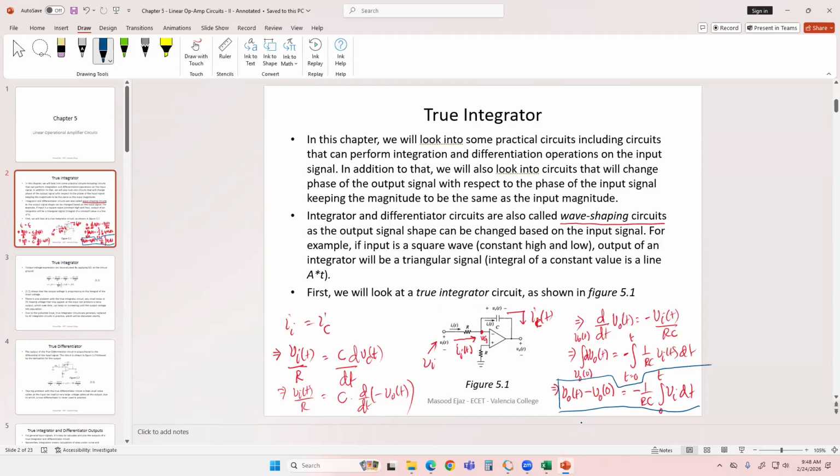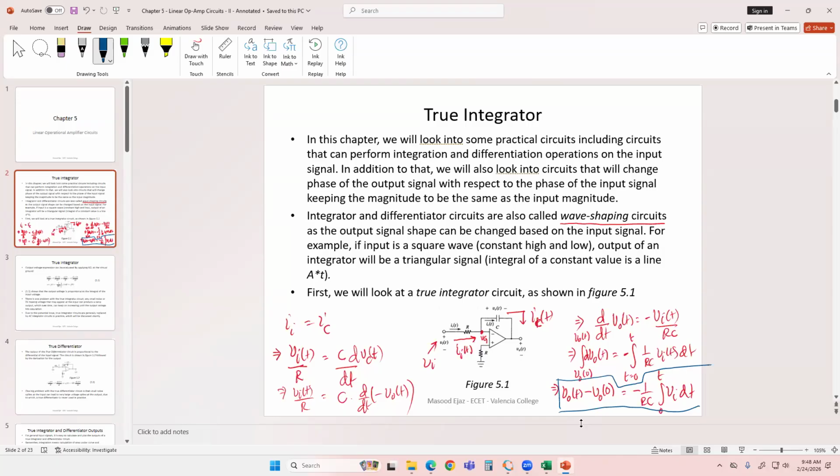If it is not 0, if there is a voltage at the output at the beginning time, whatever reference time t equals 0 you're using, then you do have to consider that voltage, V out at 0. But if that voltage is 0, then it's simply V out(t) equal to negative 1 over RC integral of input voltage times dt.